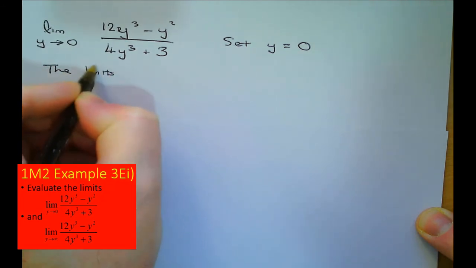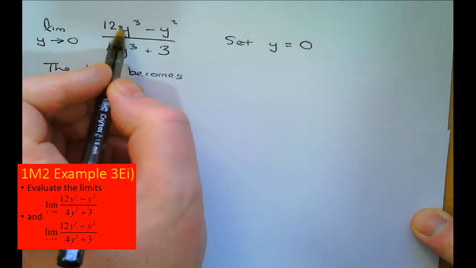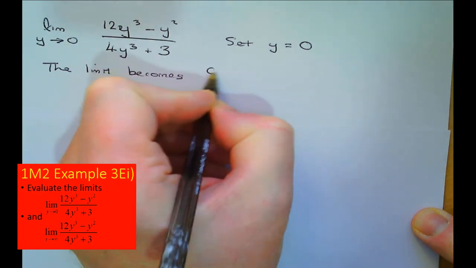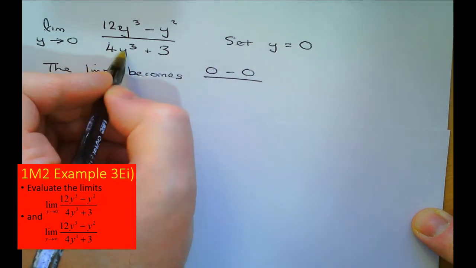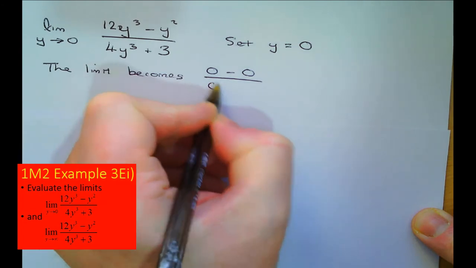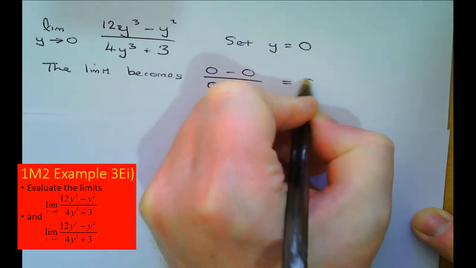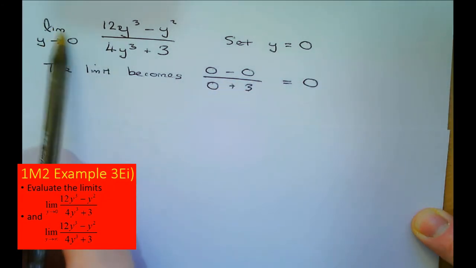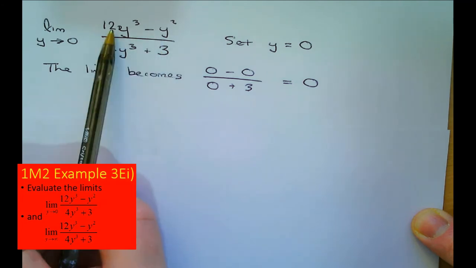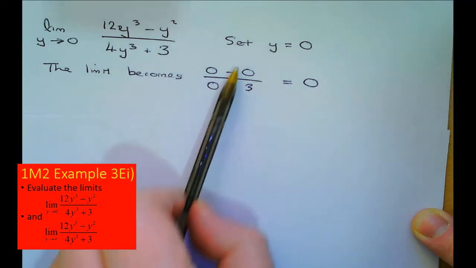On top, when y is 0, we'll have 0 minus 0. And on the bottom, 4 times 0 plus 3. 0 over 3, we get 0. So no problems for the limit as y approaches 0.